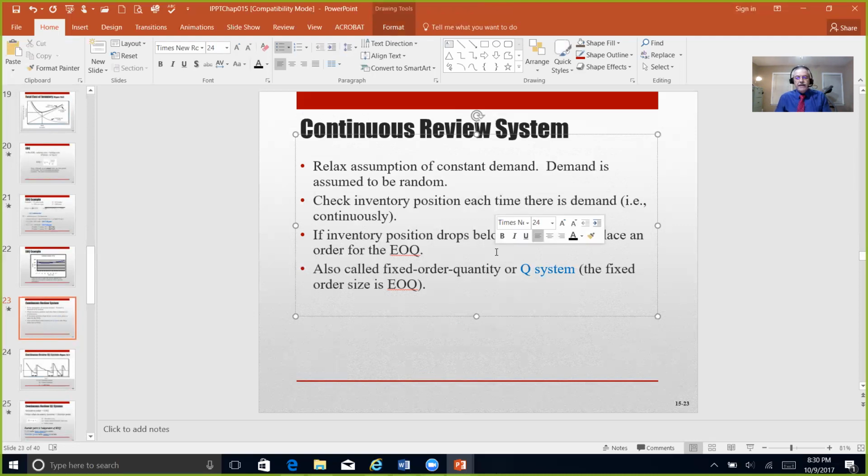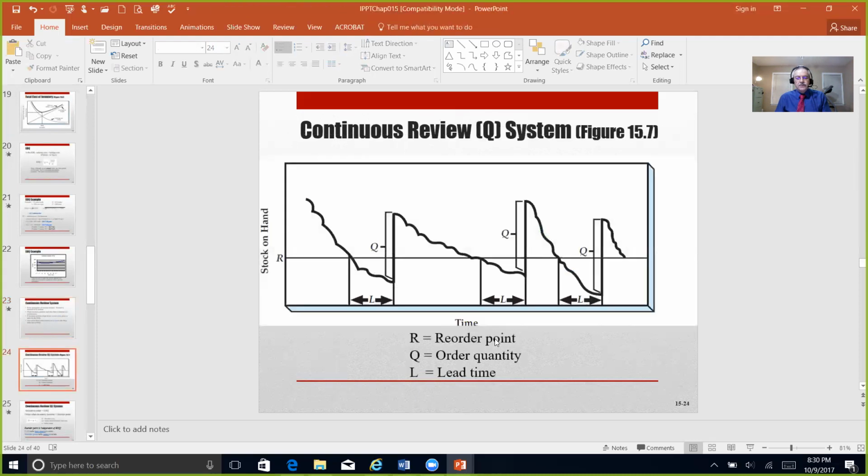And this graph here, at the bottom of page 381, figure 15.7, is really about how the stock position drops as inventory is used to fulfill irregular demand until it reaches the reorder point.